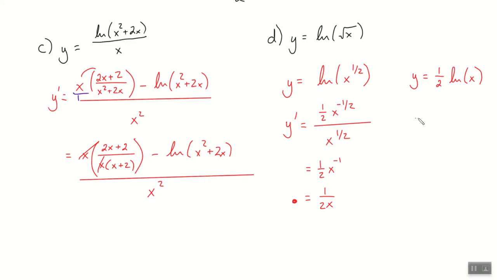If we did it this way instead, let's just see what shakes out. Boom. What do I do with the constant multiple? It moves in front of the derivative, right? It just stays. So here's 1/2. That's my constant multiple. And in this situation, what's the derivative of the natural log of x instead of u? 1 over x.